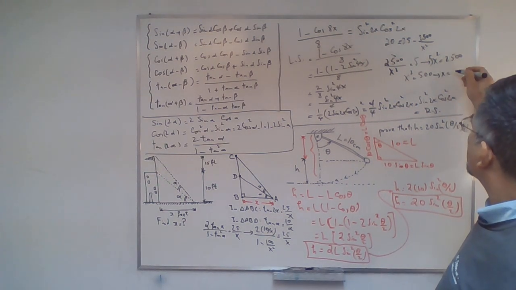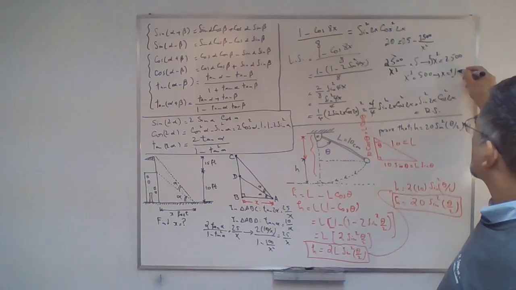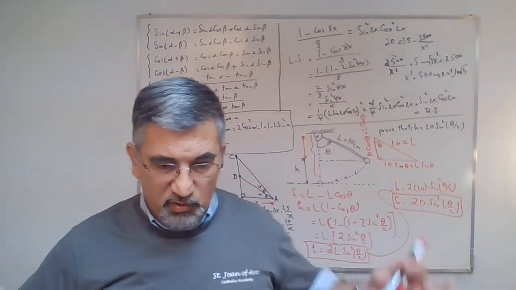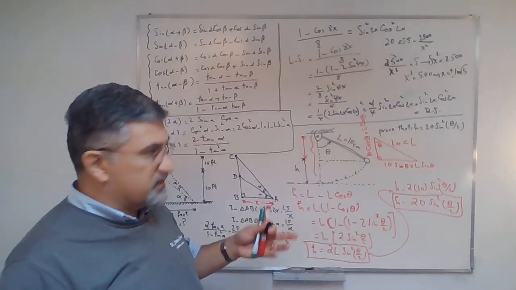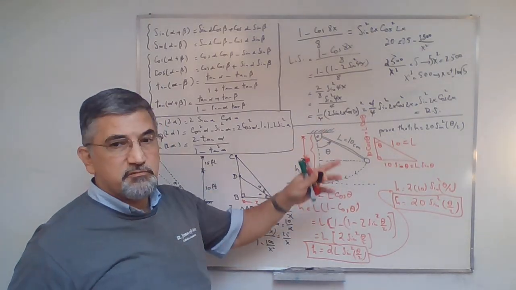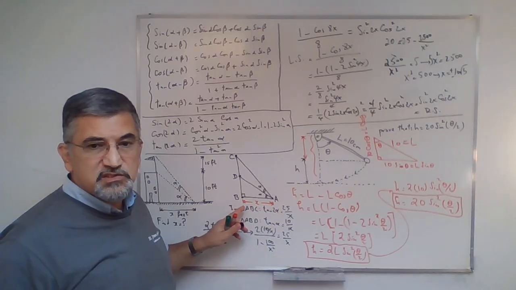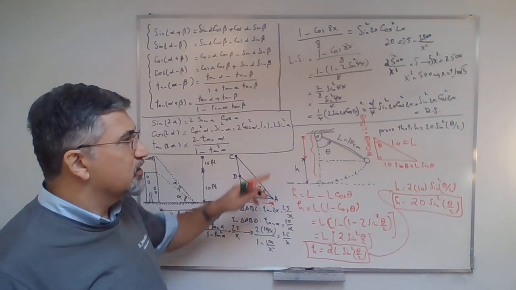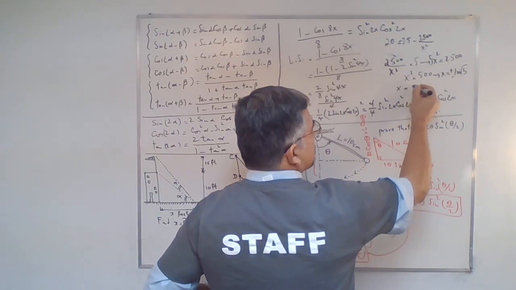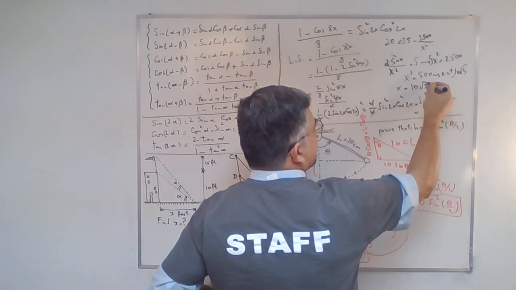So x would be plus minus 10 root 5, because 500 is 5 times 100, and square root of 100 is 10. So it will be 10 root 5. But when we say plus minus, considering the fact that x is a distance and this distance cannot be negative, the negative answer would be inadmissible. Therefore, x should equal 10 root 5.